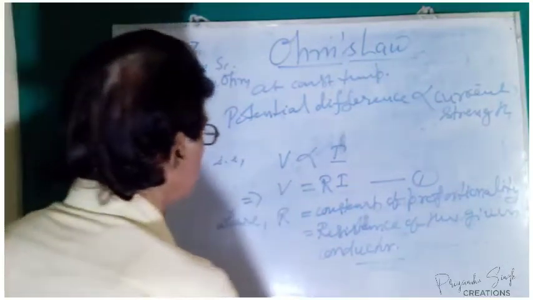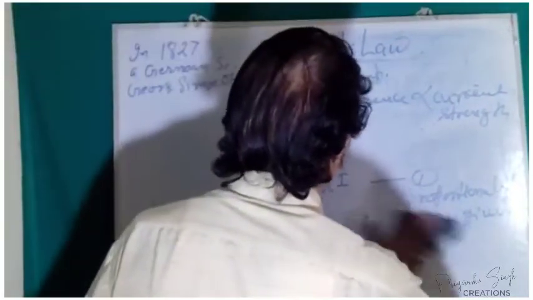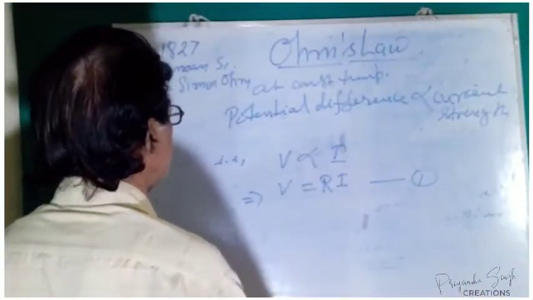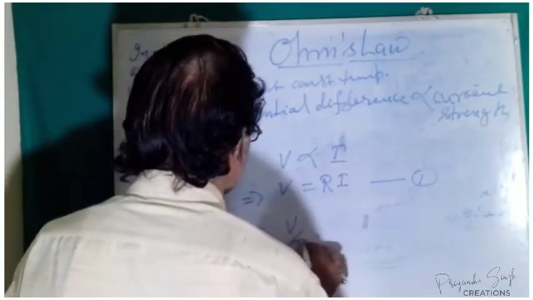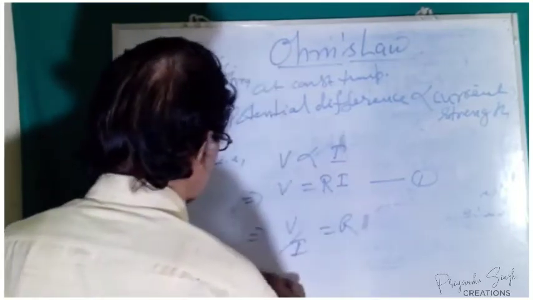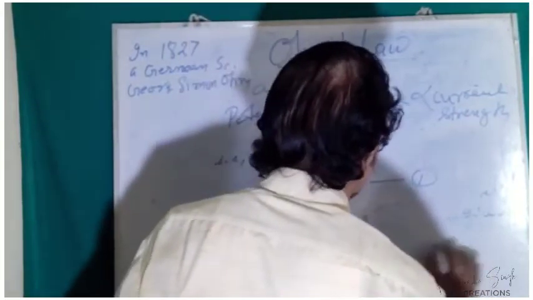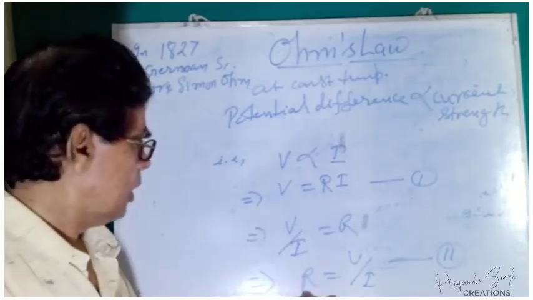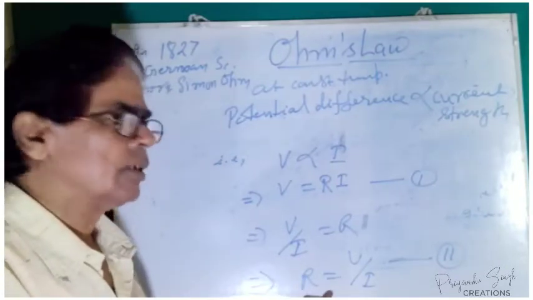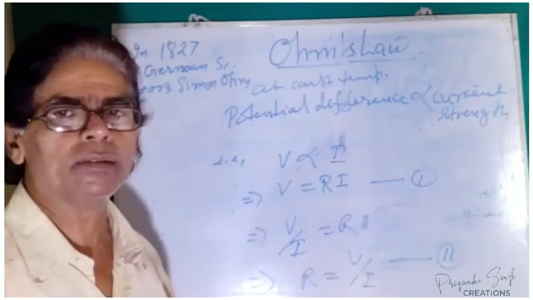So see here, we may write this equation first as V by I equal to R, or R equal to V by I, equation second. Now, what is the resistance of a conductor? It is the ratio of potential difference to current strength.